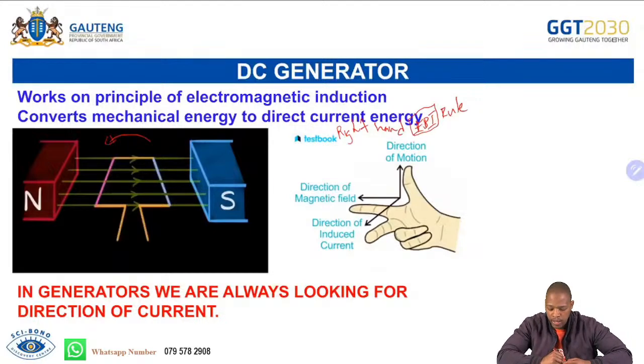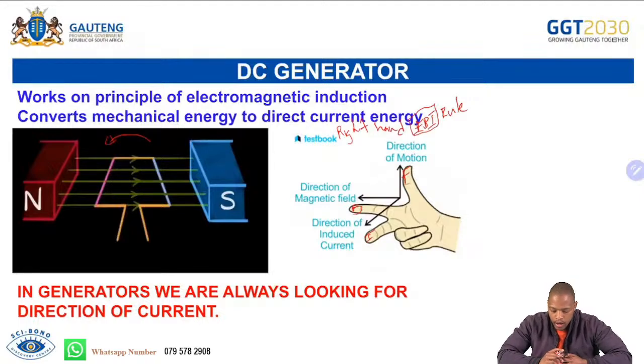What are the FBIs? F is the direction of motion or the force, represented by the symbol capital letter F. I could even write it here on my hand. The forefinger represents the direction of the magnetic field, and the symbol is capital letter B. The middle finger represents the direction of the current, and the symbol there is capital letter I, making FBI.